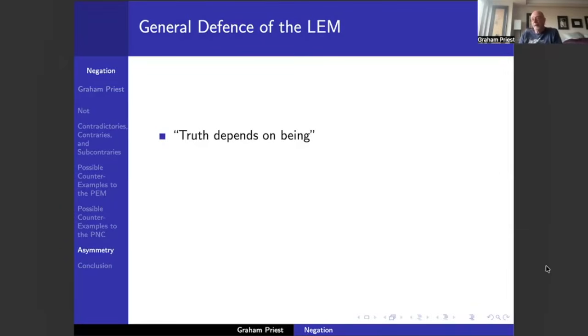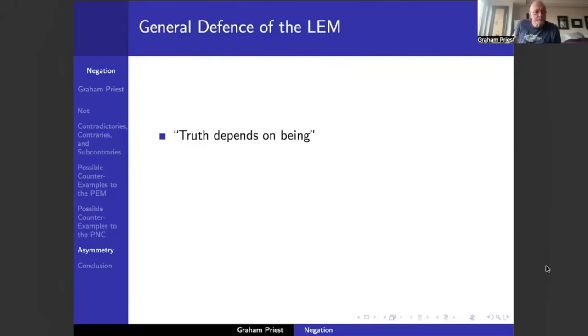And what that means is that truth does not float in midair. If something is true, there must be something which makes it true, something in reality, if you want to put it that way. So that's the principle that truth depends on being. If something is true, it must be made so by something in reality.